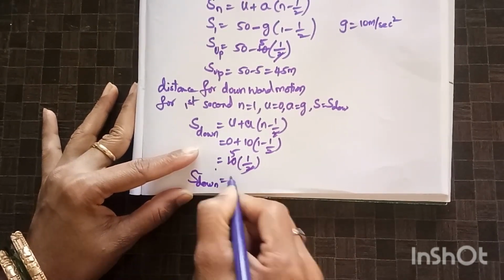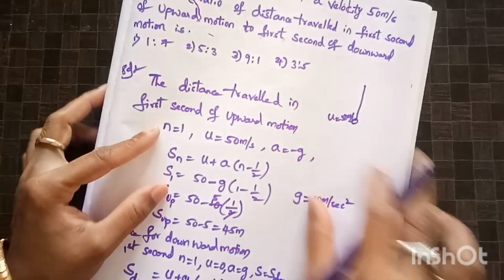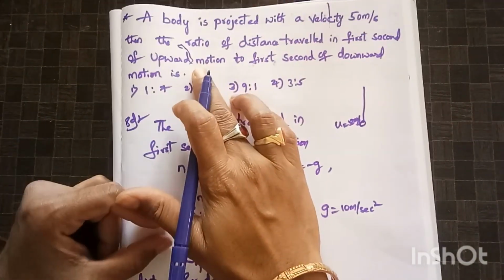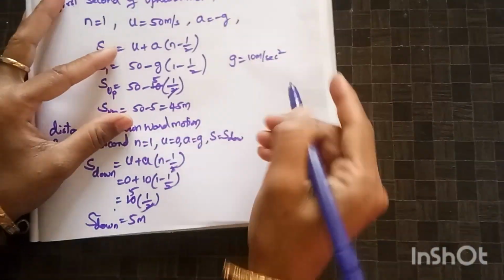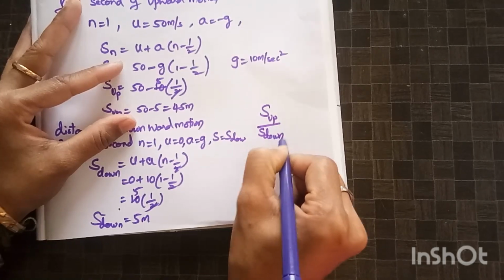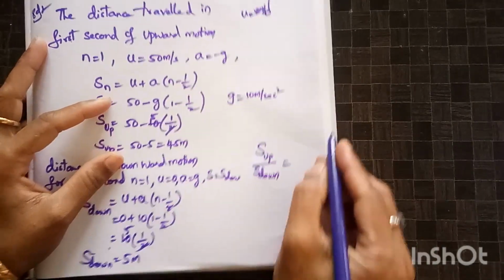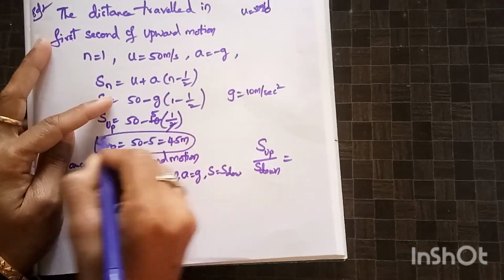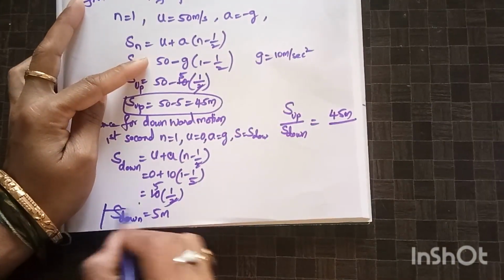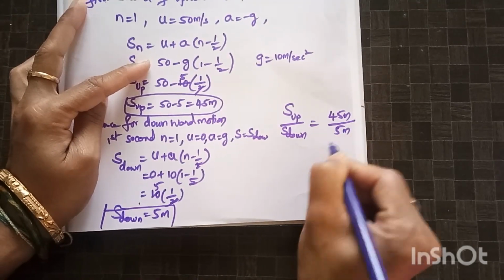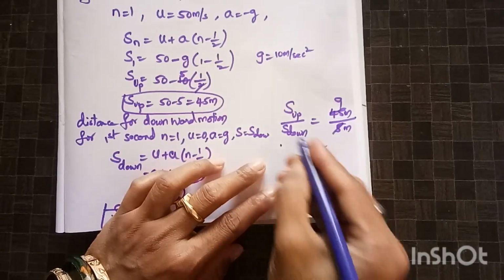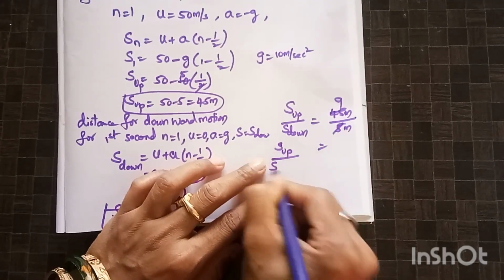What do they say to find? The ratio of the distance travelled in the first second of upward motion to the first second of downward motion. So S up by S down is 45 meters by 5 meters. 5 nines are 45, so S up by S down is equal to 9 by 1.